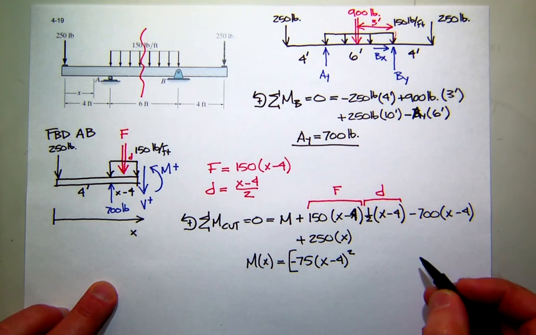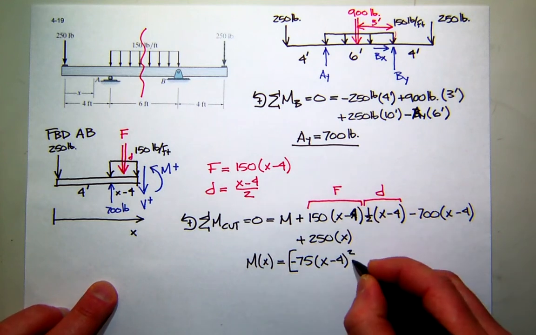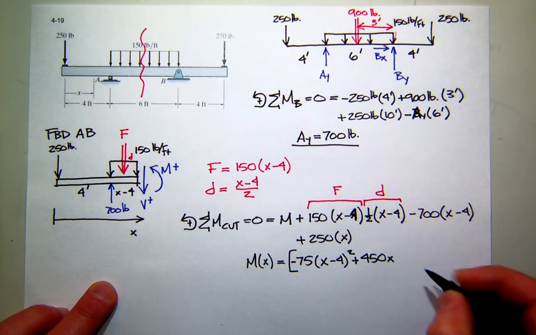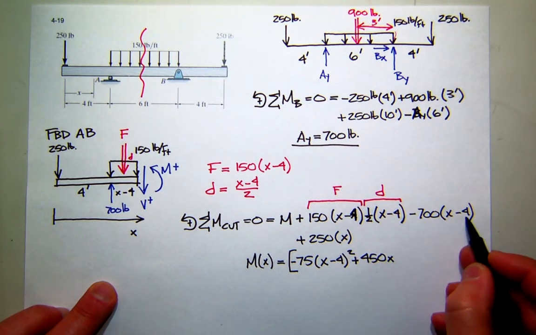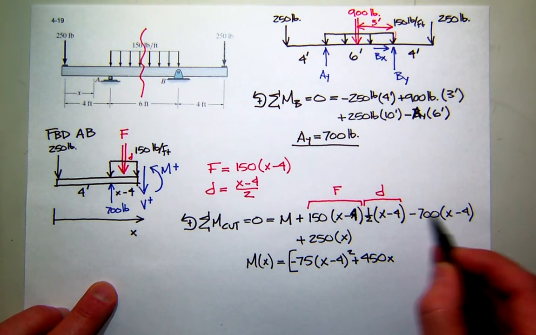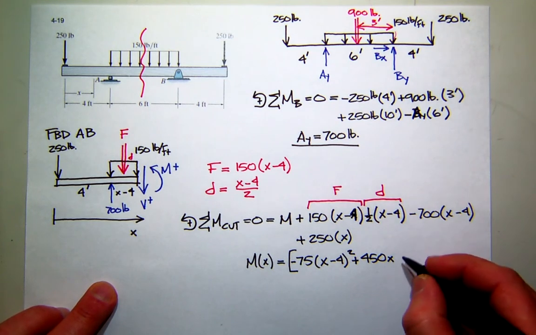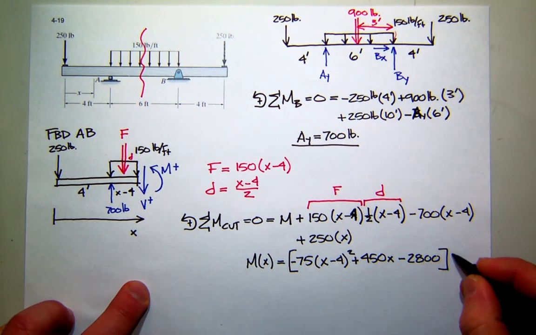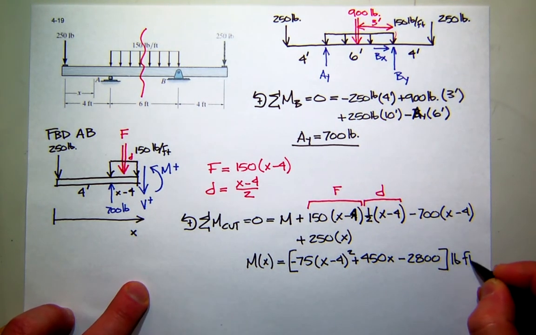So when I throw that to the other side of the equation, I get a positive 450, right? And then I'm left with the negative 700 times 4, which is 2800. That's positive. When I throw it to the other side, it should be negative. And all of those should have the units of pound feet.